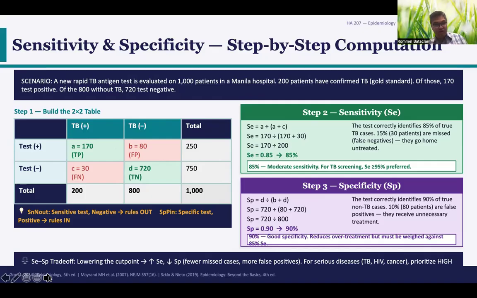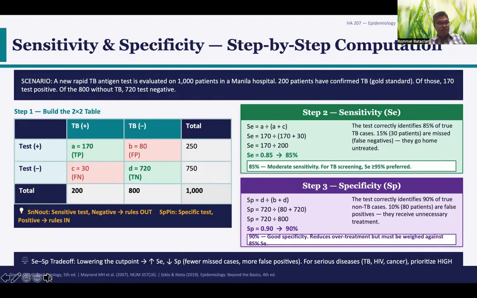It's very important, if you're analyzing the diagnostic tool, that there should be a gold standard on which you base the detection of the presence of the disease, versus the ability of that particular screening test to detect also that disease.